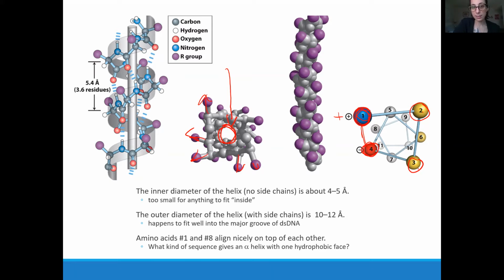In this case, we're using this NH portion, the amide portion of one amino acid, and the carbonyl oxygen of another amino acid, and that's where the bond is forming.